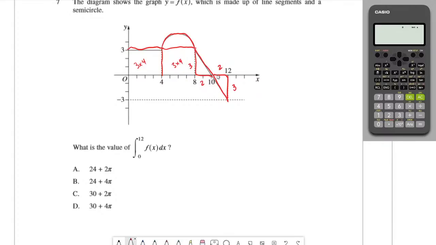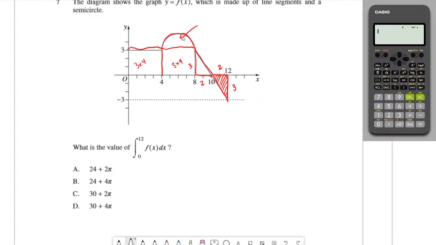Now we just need to keep in mind this area down here is going to be a positive area, but for the case of the integral, it's going to give us a negative value because we want the difference between the x, or the curve and the x, or the x and the curve, depending on which way we're going.